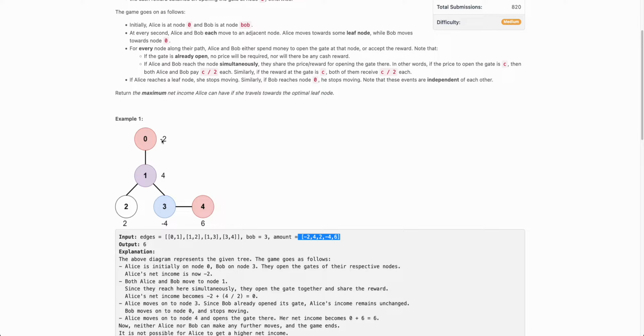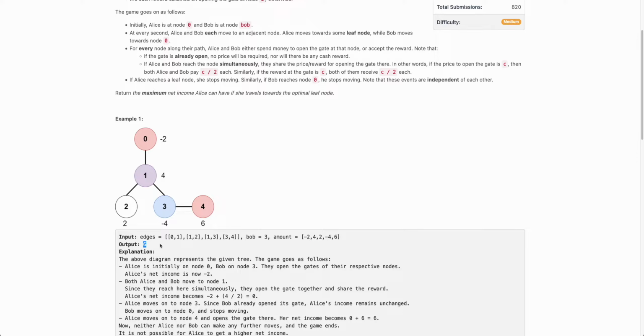The gain here is -2, the gain here is 2 because it was split. The gain here will be 0 because Bob already visited this node once, so Alice will not gain or lose anything at this node. So -2 plus 2 plus 0 and then plus 6. In total the maximum gain of Alice in this particular path is 6. And because 6 is greater than 2, this is the result.